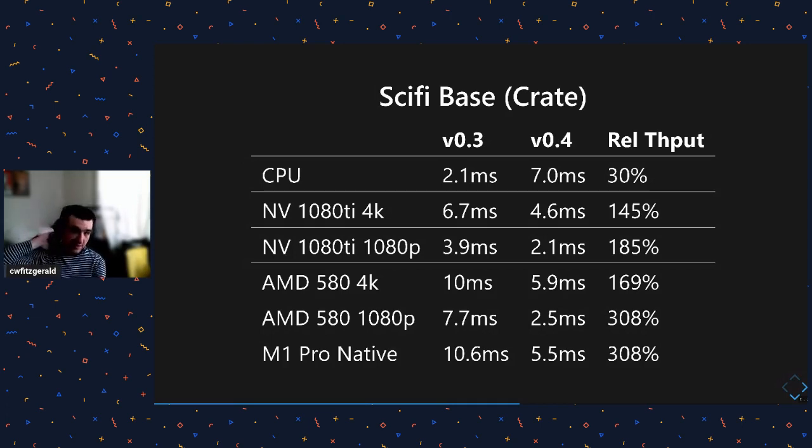But as you can see, the relative throughput of everything, even the Mac and the M1 Pro, which is something I was particularly worried about, that's not 308%. That's like 200. I forgot to change that number. It is all positive, and all significantly positive too. We're seeing 1.8 to 3 times performance boost through this process.